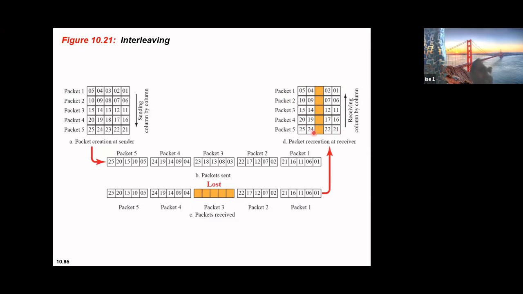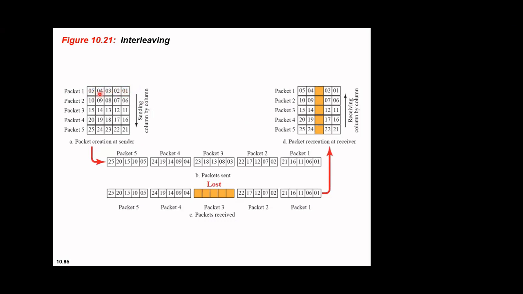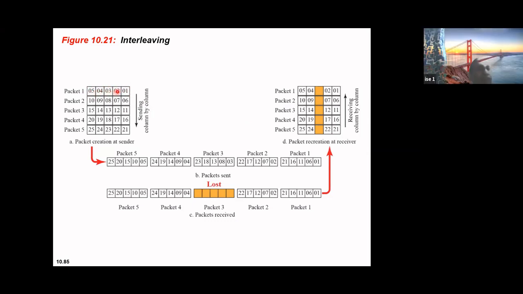You got the idea? If I had sent row wise, then I would not have been able to recover the data, because in that case, if I send like this, 1 2 3 4 5, I would have got the correct checksum here, but this entire thing would have been lost.